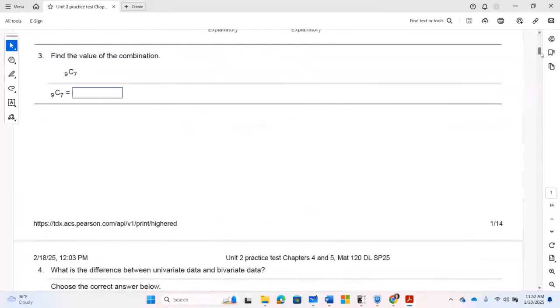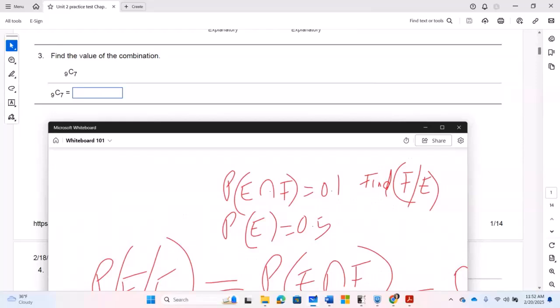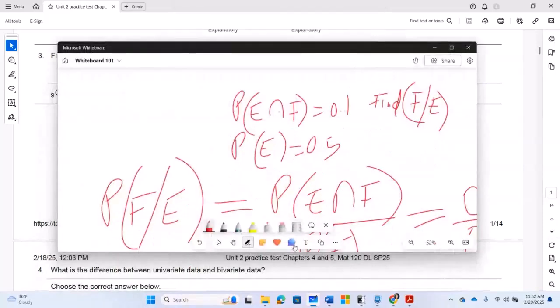Okay, number 3 is another question in chapter 5. This question says, find 9 combination 7. So we already talked about combination. Find 9 combination 7. I can do it by hand, especially if I'm told to do it by hand.